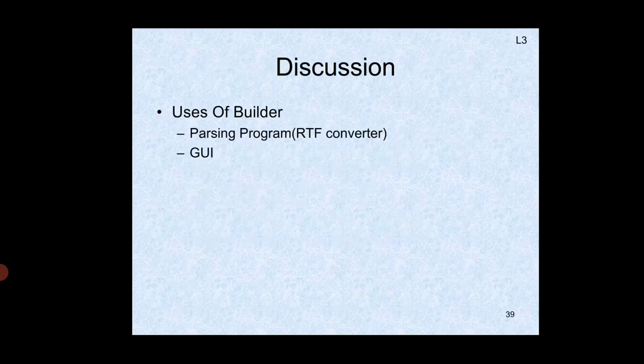Okay, we need to vary a product's internal representation: the builder object provides the director with an abstract interface for the purpose of constructing a particular product. So the interface lets the builder hide the particular information and internal structure of the product. This is one of the key consequences of the builder pattern.